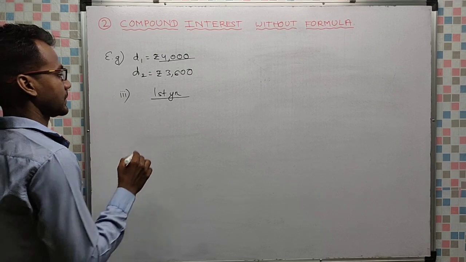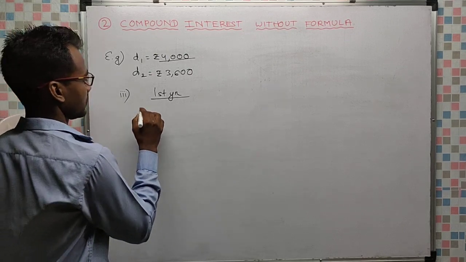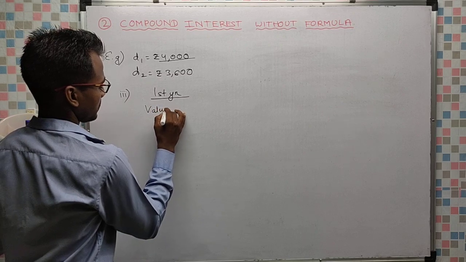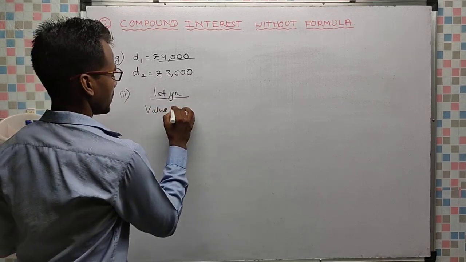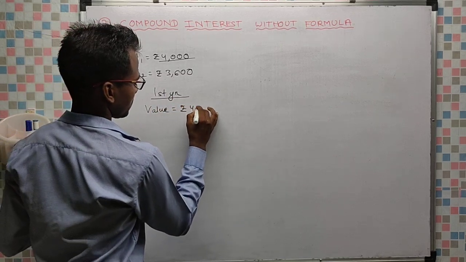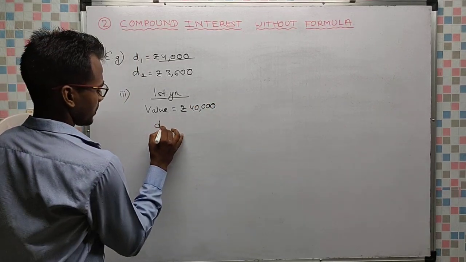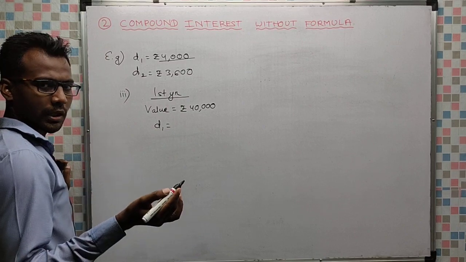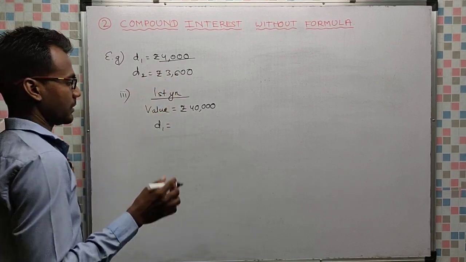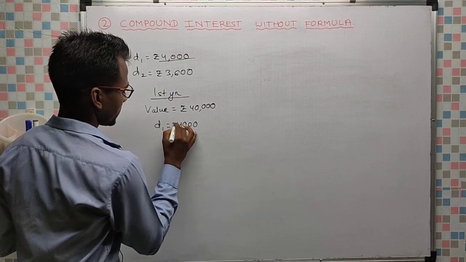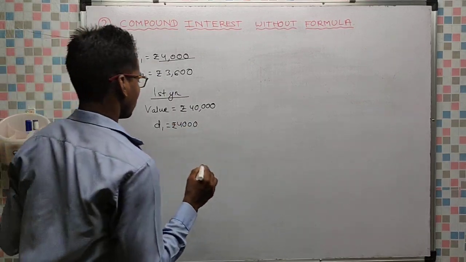First year, value is equal to rupees 40,000. D1 we don't need to calculate using 10% because it is already given as 4,000 rupees.